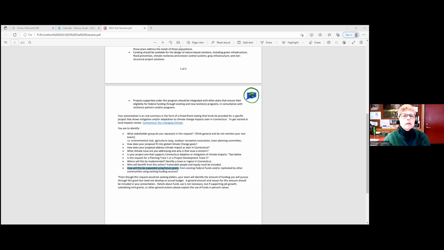And let me get this graphic back for you to help. Everybody is going to benefit from an action. The key thing is that a lot of actions benefit certain groups and have easy access to those groups.